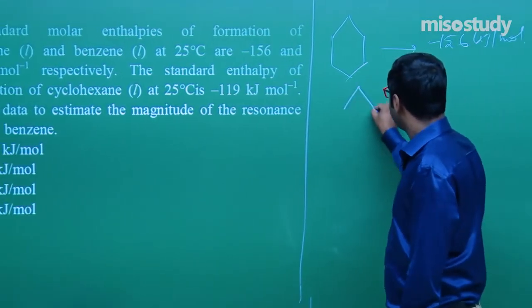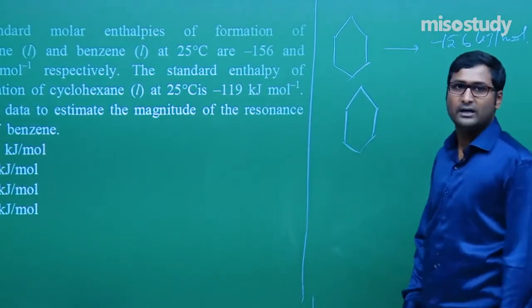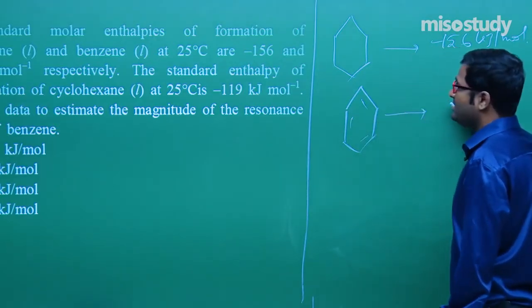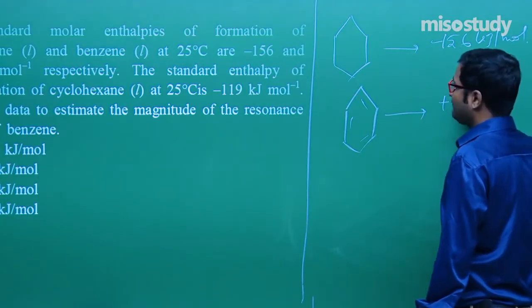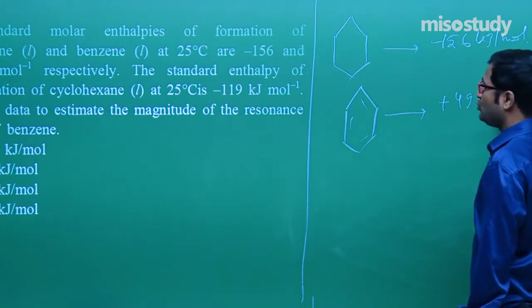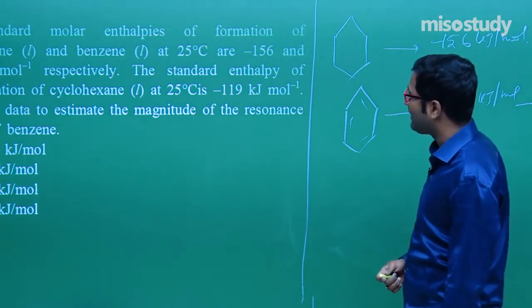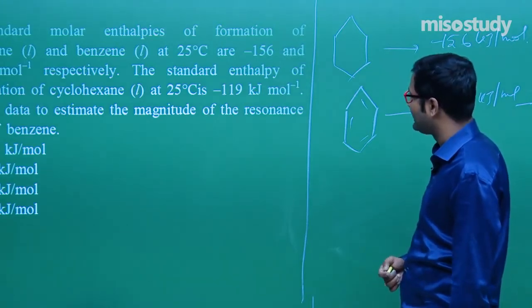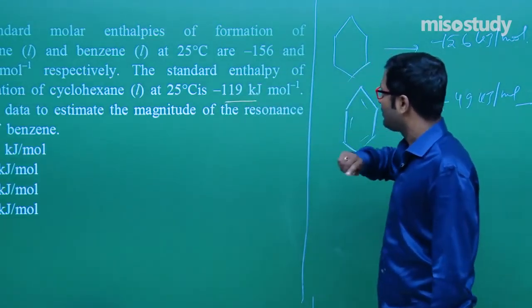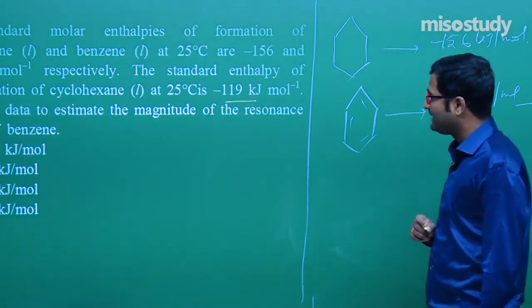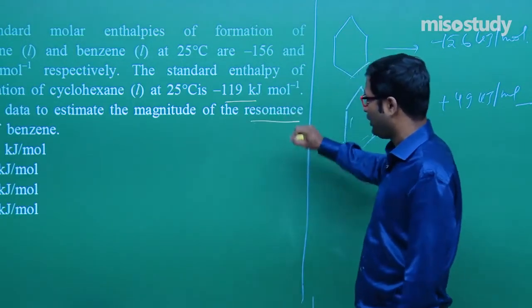For benzene, it is plus 49 kilojoule per mole. The standard enthalpy of hydrogenation of cyclohexene is minus 119. Using this data, estimate the magnitude of resonance energy of benzene.